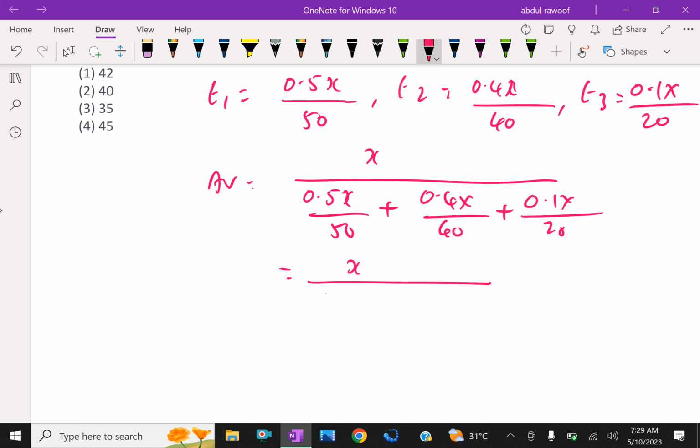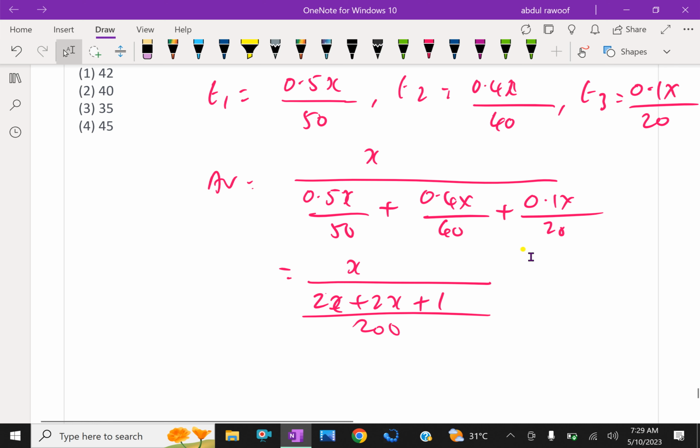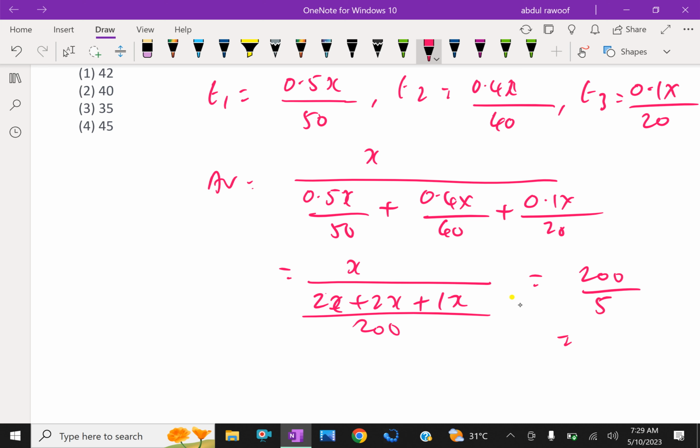Here 200 is the LCM: 4 into 0.5 is 2x, 5 into 0.4 is another 2x, plus 10 into 0.1 is 1x. Totally, x over 5x by 200, which is 200 over 5, equal to 40 kilometer per hour.